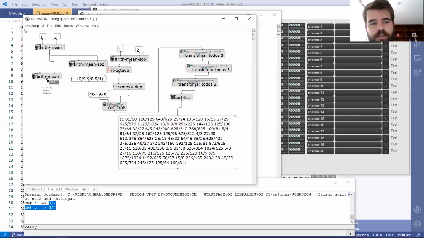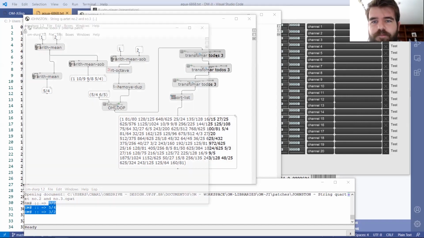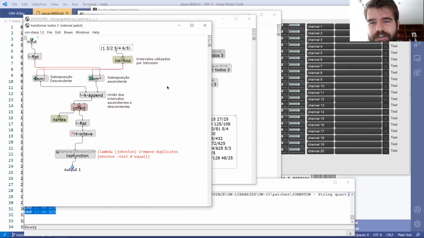So I do this again with this result, and the mathematical answer is 5 by 4. So with these 2 intervals, I construct this very big tuning system that Johnson used. So this is a more musicological thing, I think, but it's very simple.